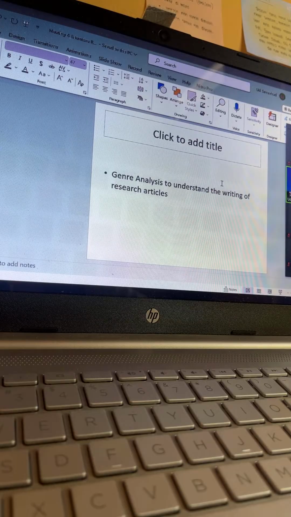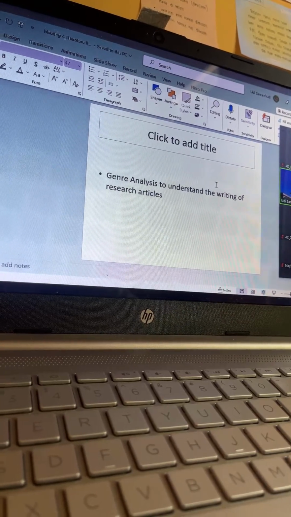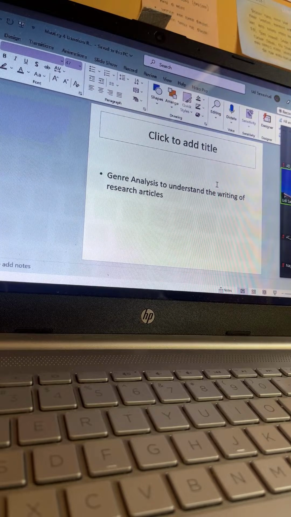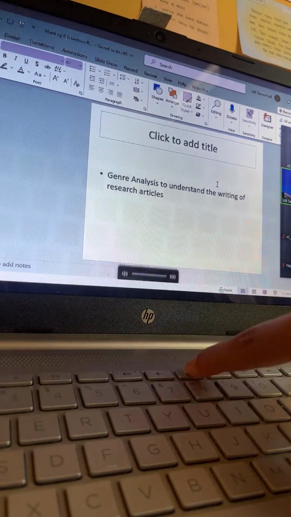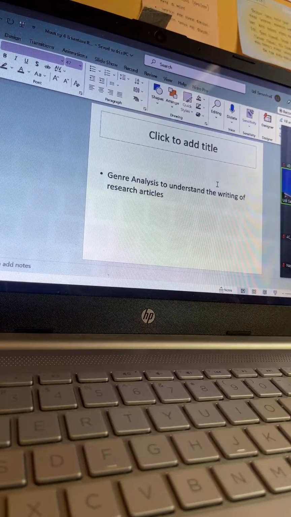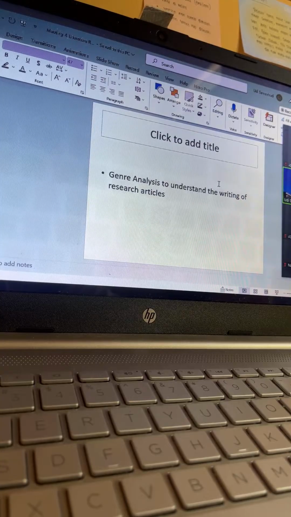For example, when it comes to introduction writing, in our previous meeting, we studied how it is organized and then what verbs are mostly used, or the linguistic features like how it is written, what is in paragraph 1, what is in paragraph 2, and how is paragraph 1 written, how is paragraph 2 written, what kind of verb is used, is it reporting verb, and so on and so on.